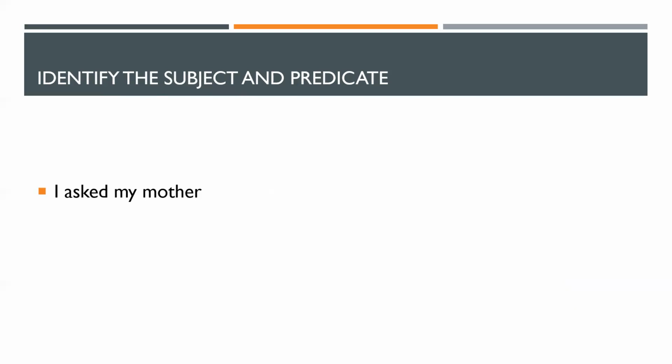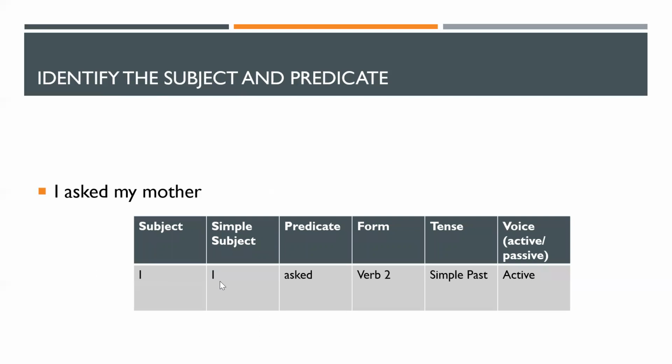The next one is, I asked my mother. So I would be the subject, the predicate is asked, because you have asked here as the verb to, so it will be simple past. Next one, if we have this one is verb to, and then this one will be active. Okay.